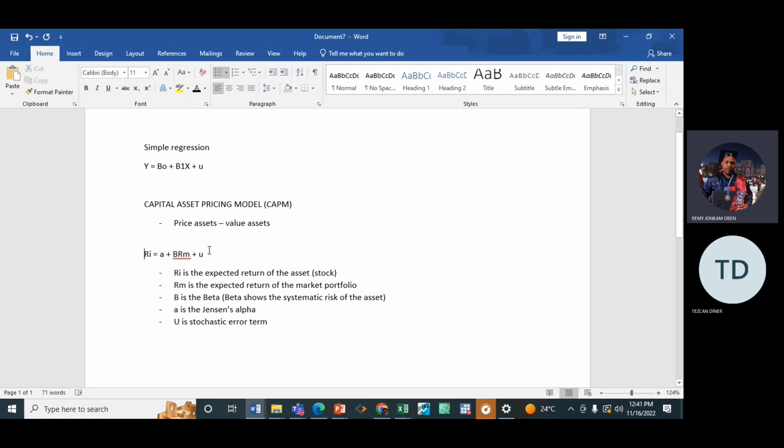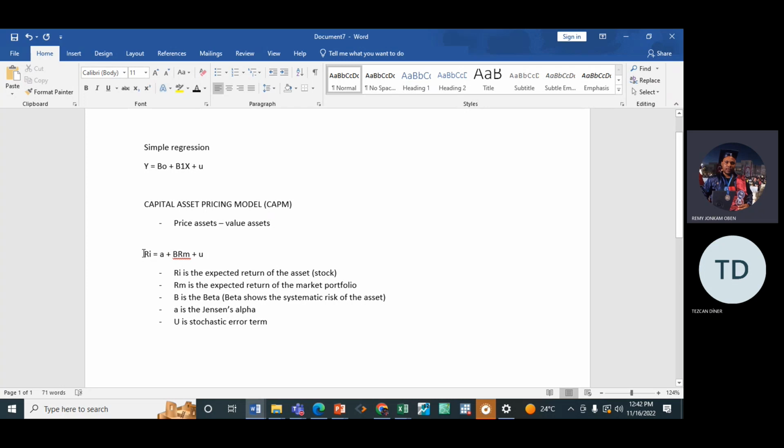So this is a simple regression, of course, and we have the expected return of the stock, the expected return of the market, and then we have the beta, which shows the systematic risks of the stock, the error term, and then we have A, which is Jensen's alpha. So what do you notice in this model?